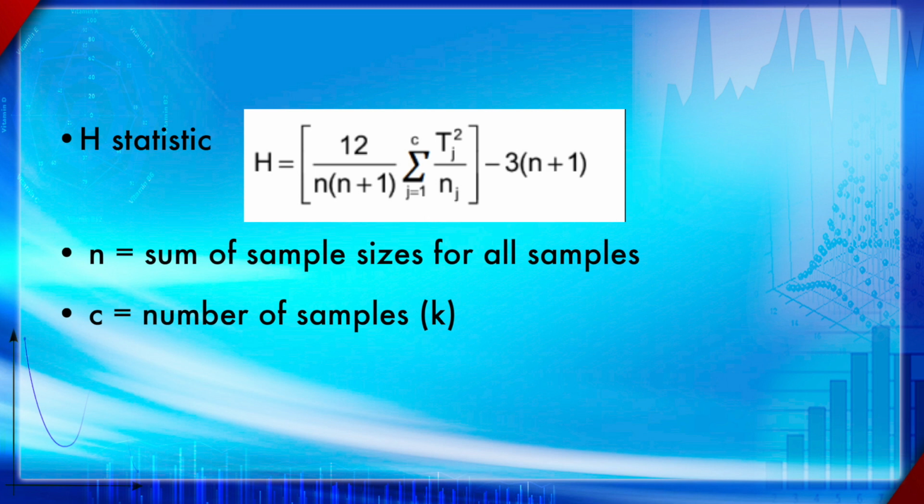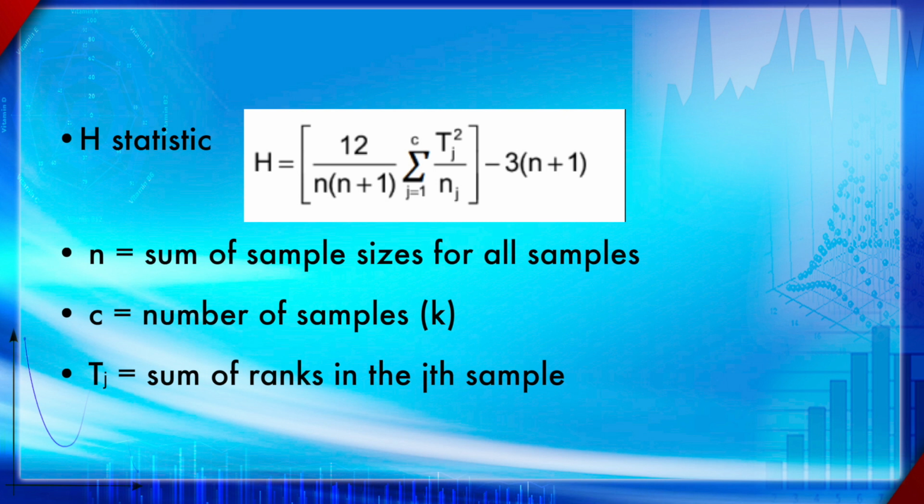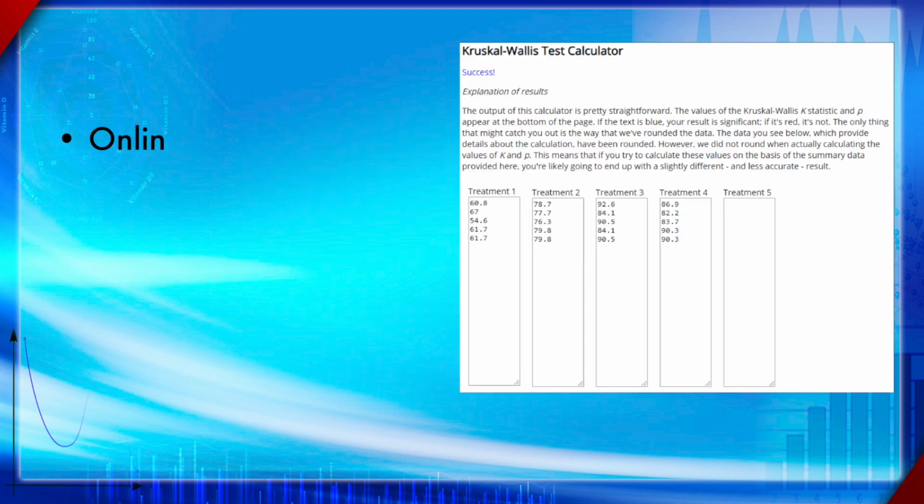Tj is the sum of ranks in the jth sample. Basically, in one group, the total sum of the ranks is Tj. While Nj is the size of the sample, meaning how many elements are there in that group.